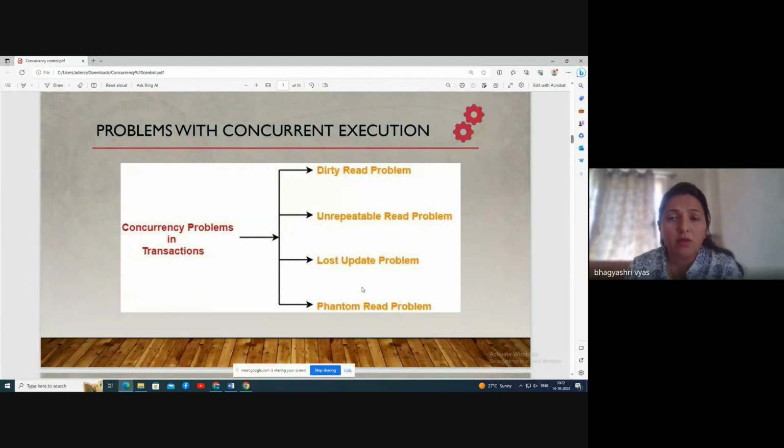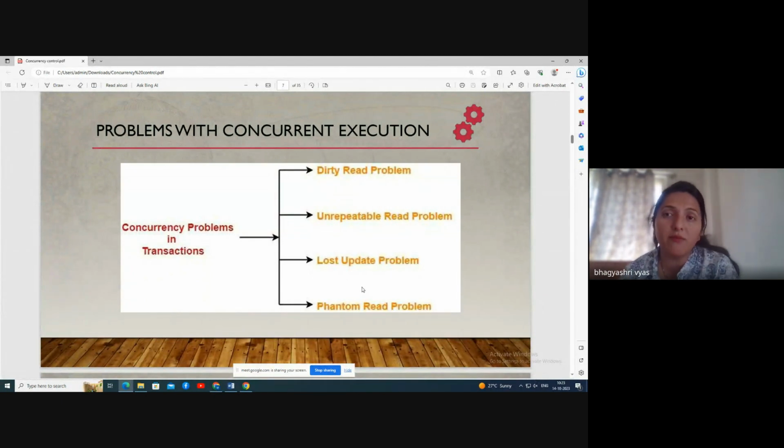Whenever we have these two operations in concurrent execution, we cannot assure that they will be performed in an interleaved manner. So it may be possible that data may be inconsistent.